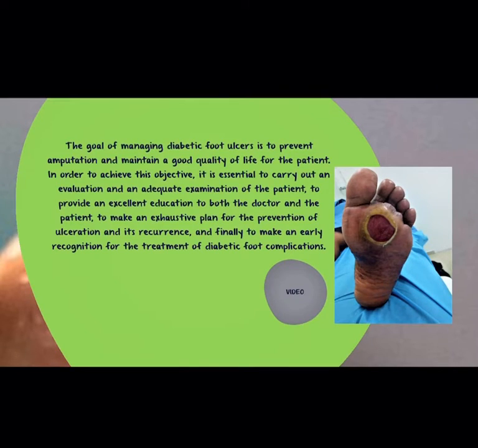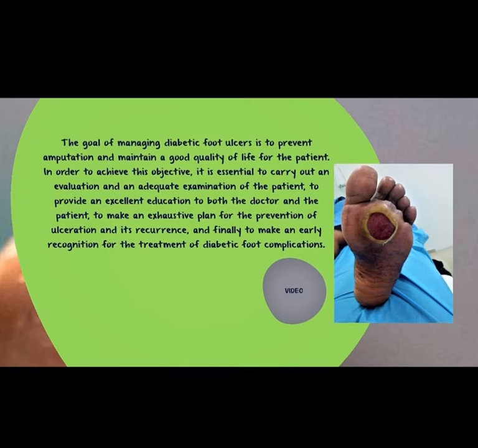In order to achieve this objective, it is essential to carry out an evaluation and adequate examination of the patient, to provide an excellent education to both the doctor and the patient, to make an exhaustive plan for the prevention of ulceration and its recurrence. And finally, to make an early recognition for the treatment of diabetic foot complications.